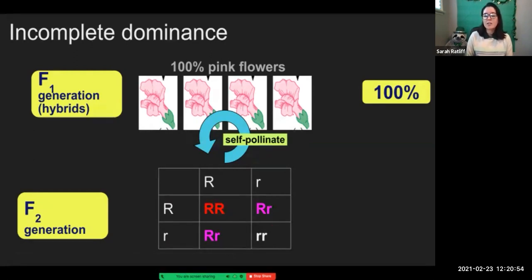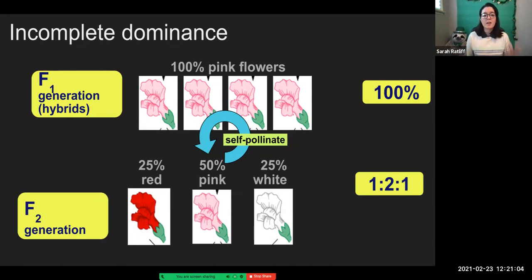With incomplete dominance, our phenotypic ratio will be the same as our genotypic ratio. So we'll actually get one red, two pink, and one white. In this case, our genotype and phenotype ratios are going to be the same.